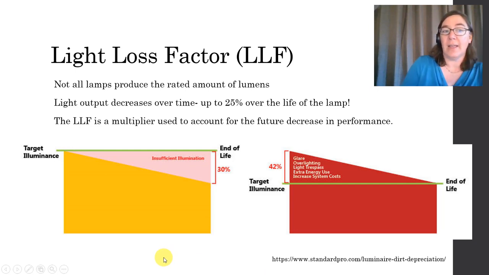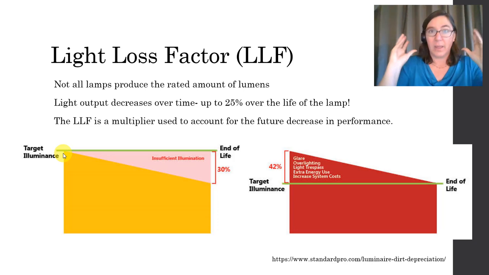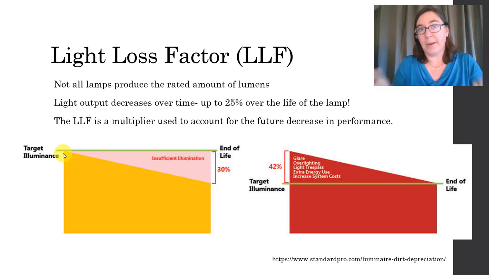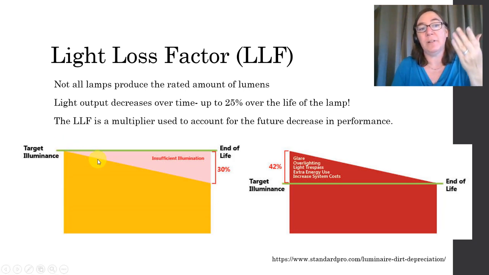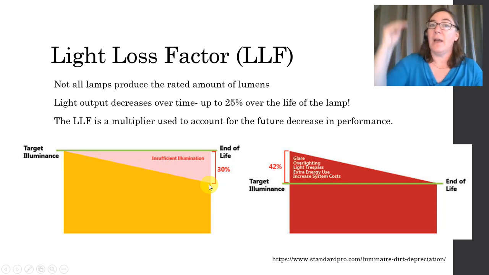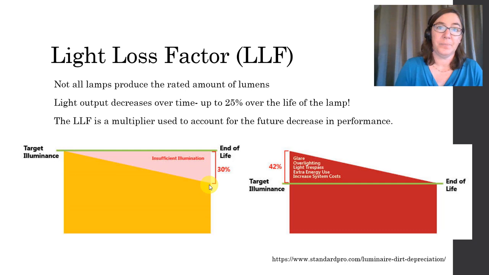If we have a design with a target illuminance, we want this amount of light in the room, and we design to meet that illuminance right at the beginning of our design's life. Then as the light level declines over time near the end of life, our space is actually going to be underlit.